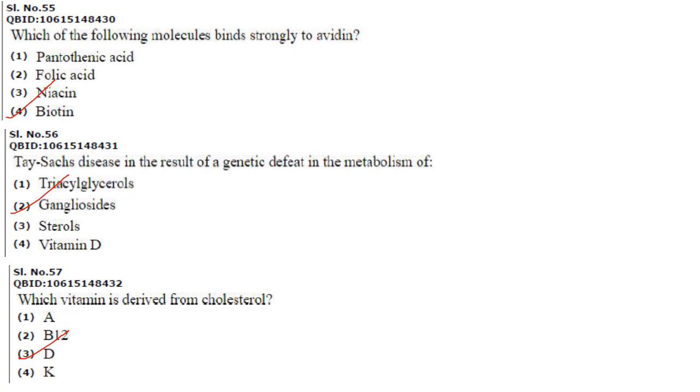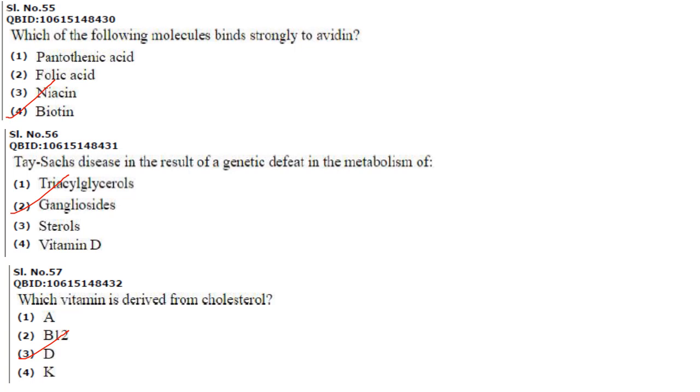Then next one, Tay-Sachs disease is the result of genetic defect in the metabolism of. So Tay-Sachs disease is a neurodegenerative disorder and it is because of the deficiency of the enzyme hexosaminidase A. Because of this deficiency, it results in the accumulation of GM2 ganglioside.